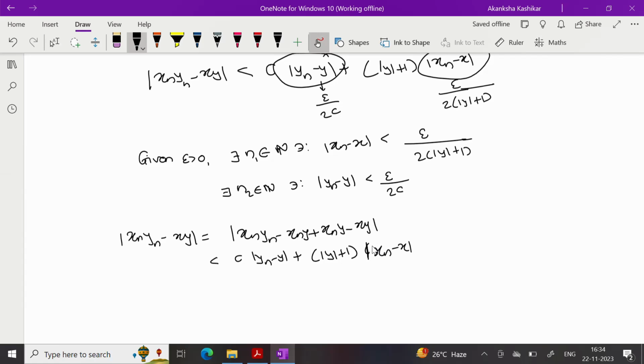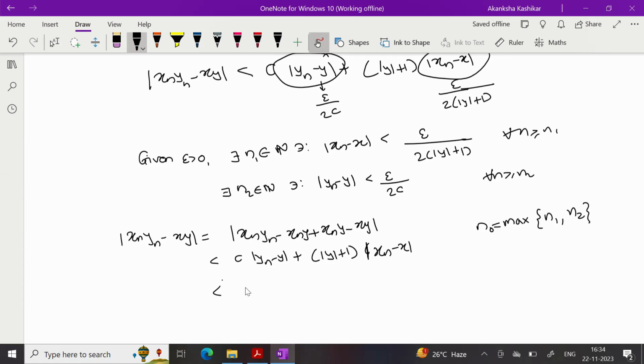In between steps we have anyway written earlier, so you could copy those. And now if I choose n naught as maximum of n1 comma n2, then for every n larger than or equal to n naught, both these results will hold. Okay, for every n larger than or equal to n naught, this will also hold and this will also hold.